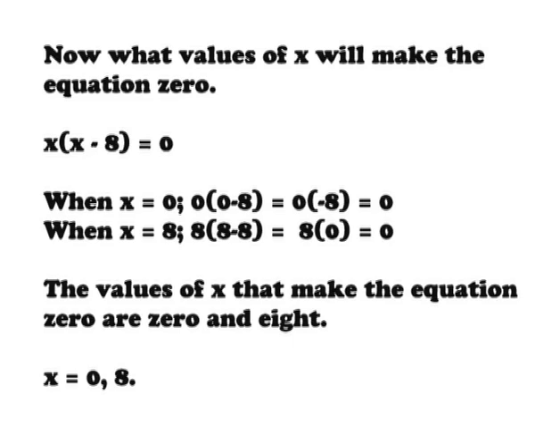Then again, when x is equal to 8, you substitute 8 into any position of x and you come up in the end with 8 times 0, which is equal to 0. Therefore, the values of x that make the equation 0 are 0 and 8. So we've got x is either 0 or x is 8.